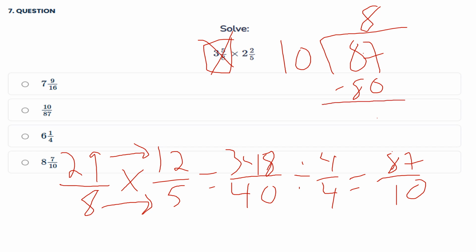All right, 87 minus 80 is 7. That's as far as we can go with that. So it looks like our answer is going to be 8 and 7/10 because we have 8. We take that remainder.